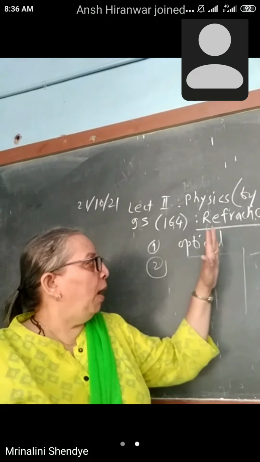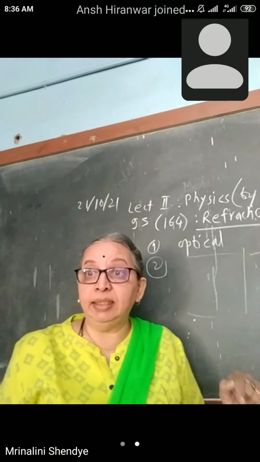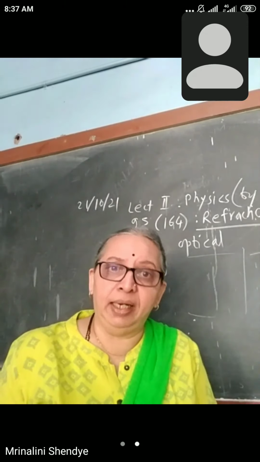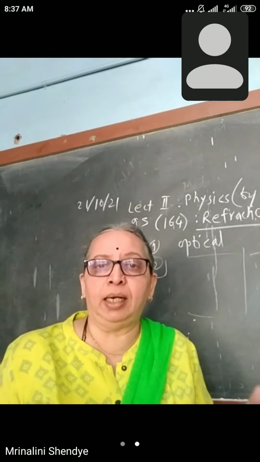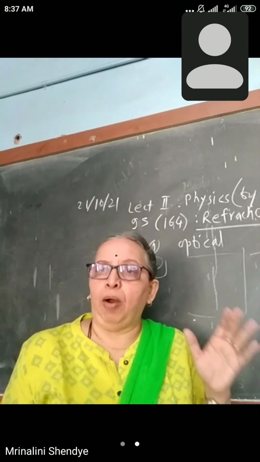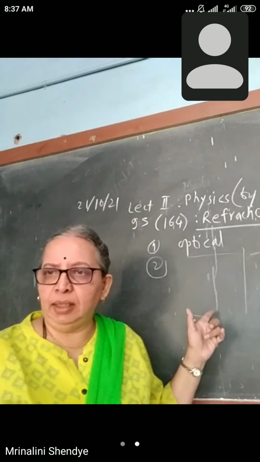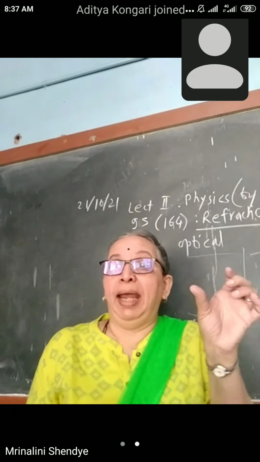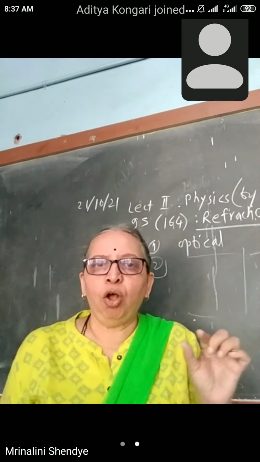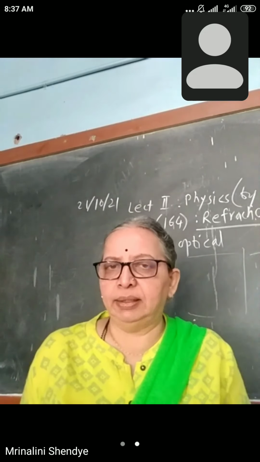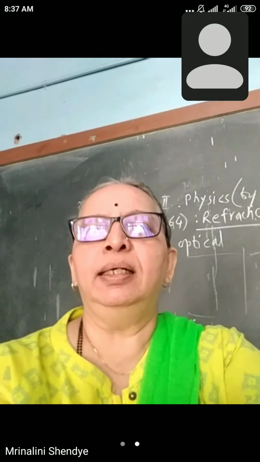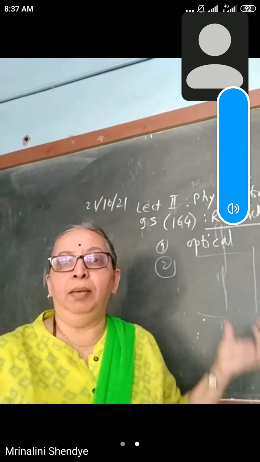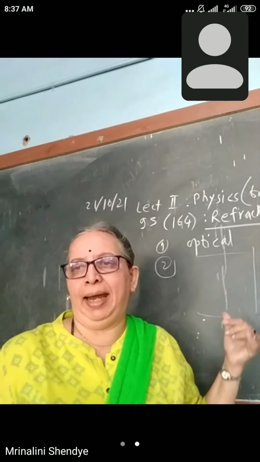So the boundary in nature is transparent. It is called a boundary separating rarer and denser medium, a transparent boundary. So when the boundary is transparent, refraction is observed. Second feature: when you talk about a pair of media, depending on their values of optical densities, we can define denser medium and rarer medium for the given pair.